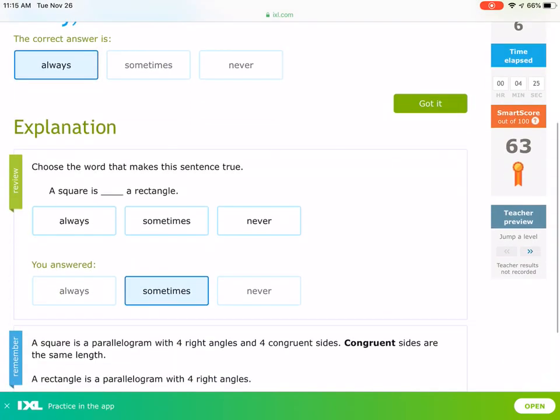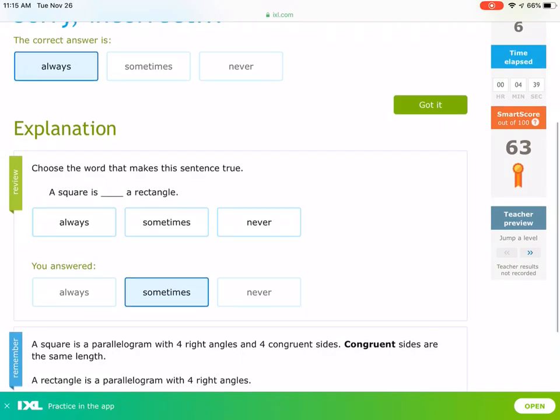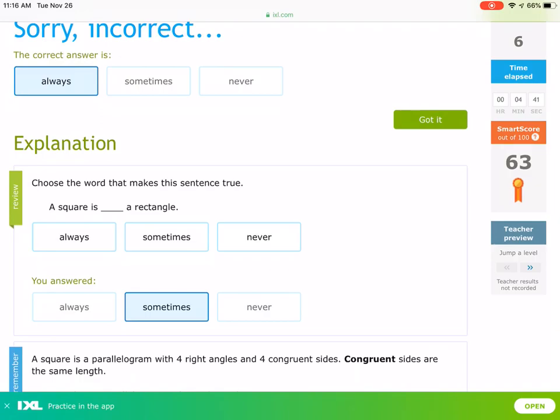Whoops. I got that backwards. Oh. Yeah. Okay. So, yeah, these get confusing sometimes. Okay, so I was looking at it backwards. So I should have asked myself, what does it take to be a rectangle?